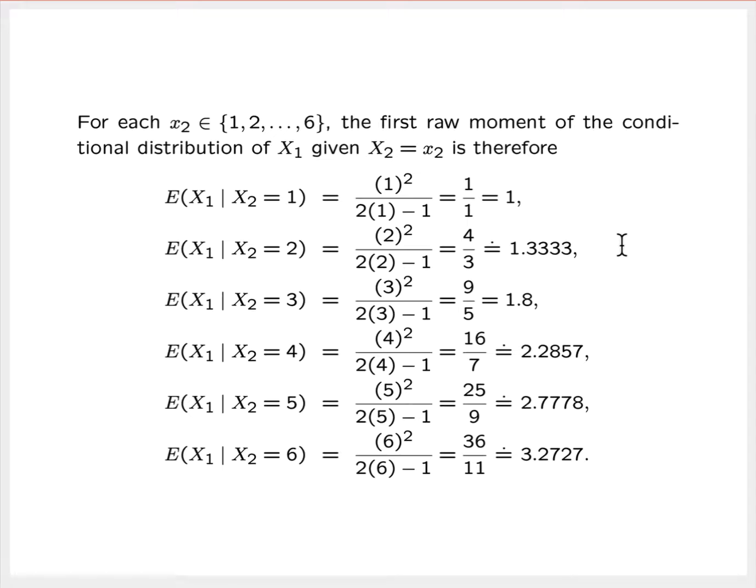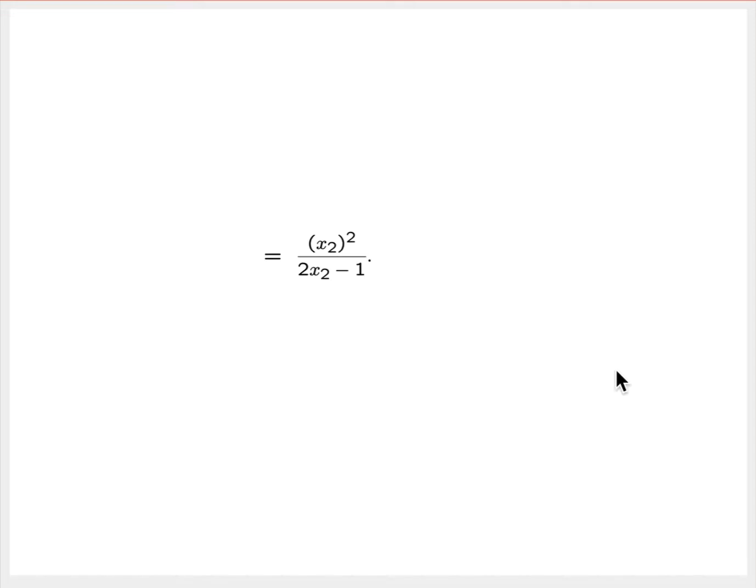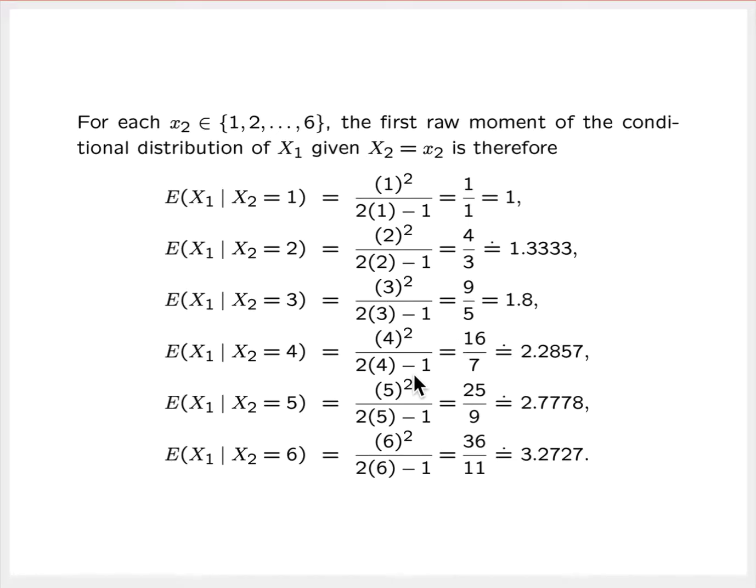The conditional expectation of x1 given that x2 is equal to 2 is equal to 4/3 or 1.3333. The conditional expectation of x1 given that x2 is equal to 3 is 1.8 or 9/5, and so on. So we see here that the conditional expectation of x1 given a particular value of x2 depends on x2. It's a function of x2, and in particular, it's given by this expression here, which we're evaluating on this slide.